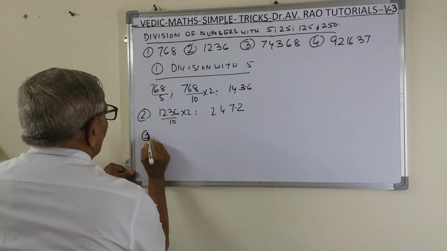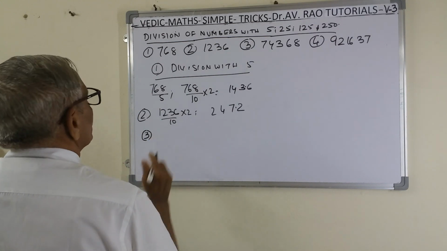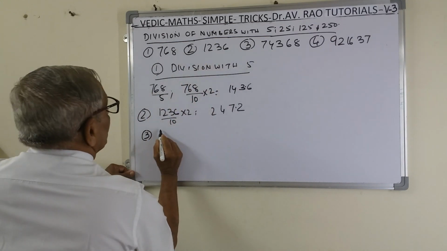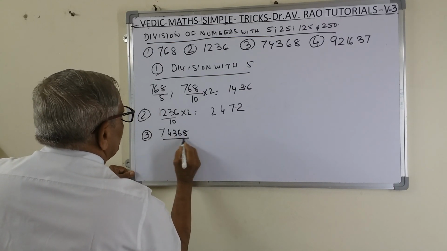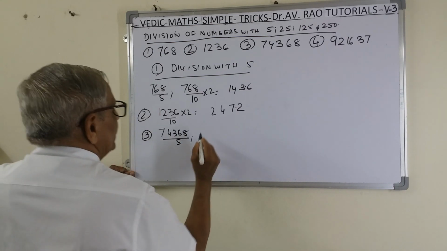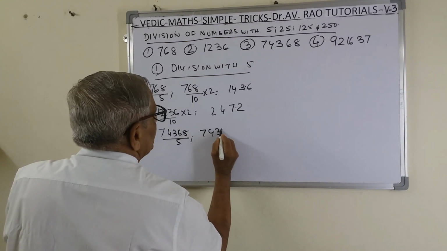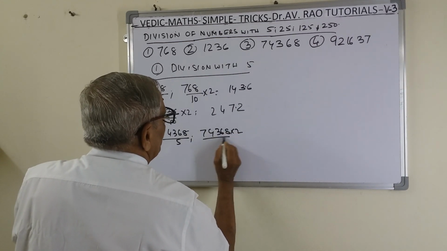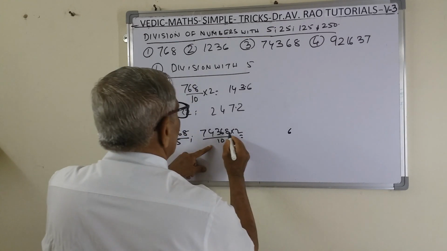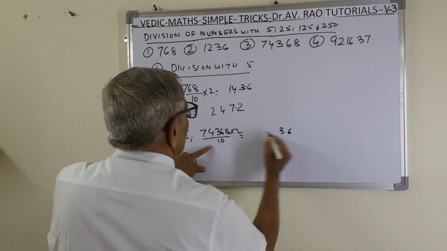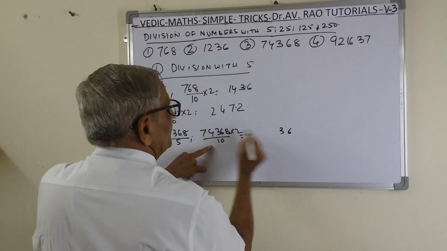Three. 74368 divided by 5 can be written as 74368 into 2 by 10. That is, this is 6, 3, 2, 6 are 12 and 13.